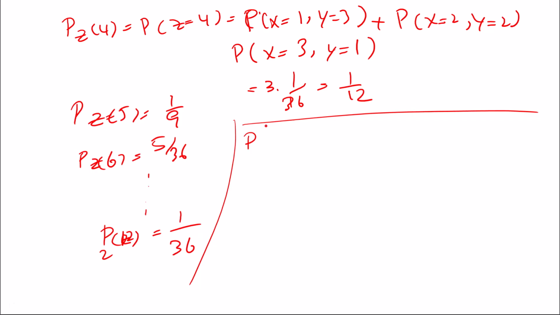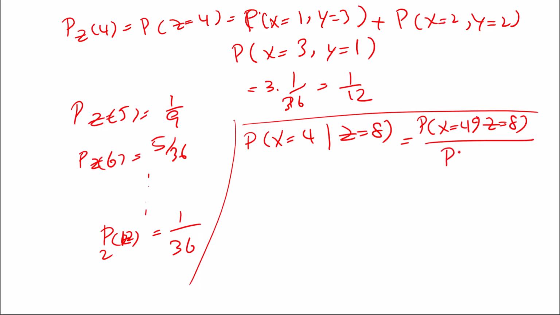P of x equal to 4 given z equal to 8, right? So this is simply equal to probability of x equal to 4 and z equal to 8 divided by probability of z equals 8, right?